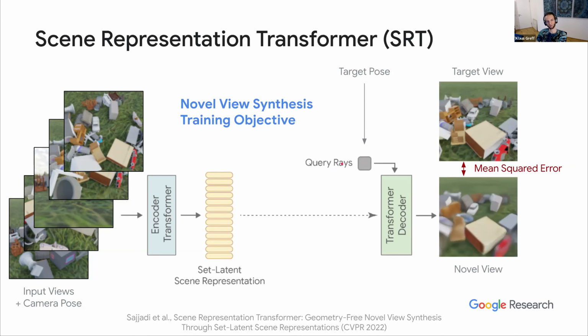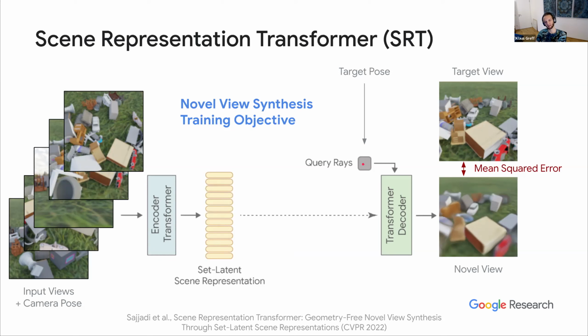And so what we do is, after we have this latent representation, in this case, because our encoder is a transformer, it's a set of tokens, a few thousand tokens that then give a representation of that scene. We then have a small transformer decoder. This is only 3 small transformer layers.